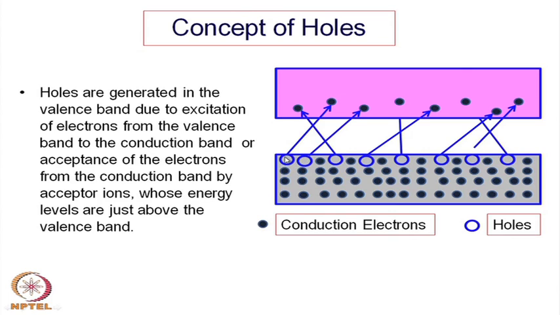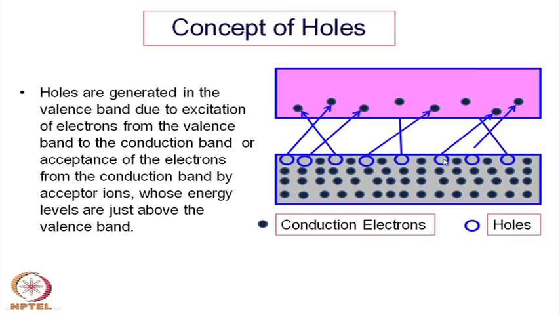So, these circles are actually the vacant sites of the electrons, which originally were supposed to be there, but because they have been excited by additional energy from external sources, they have left behind certain vacant sites.